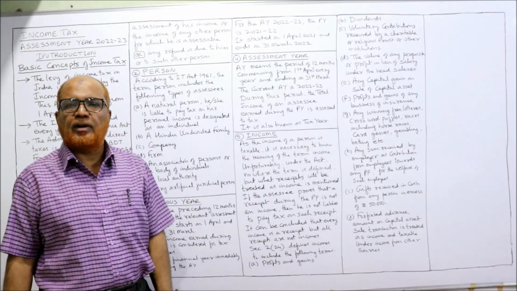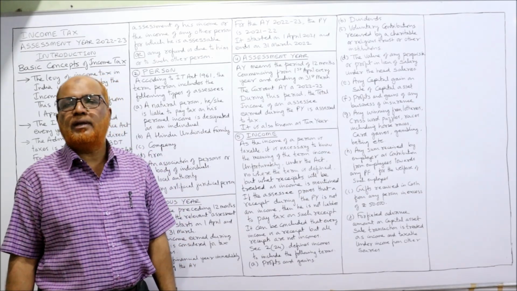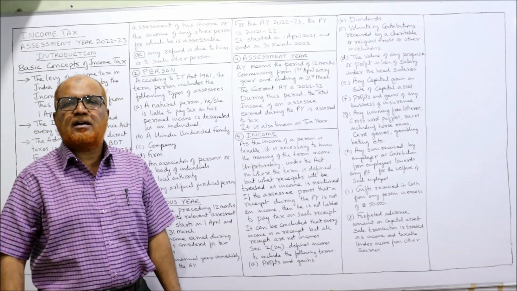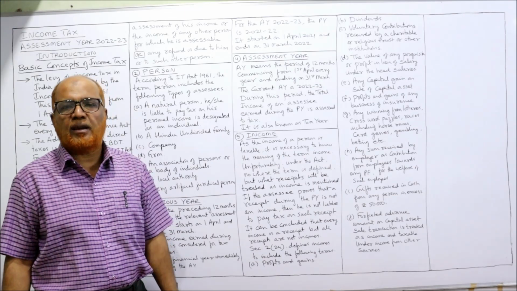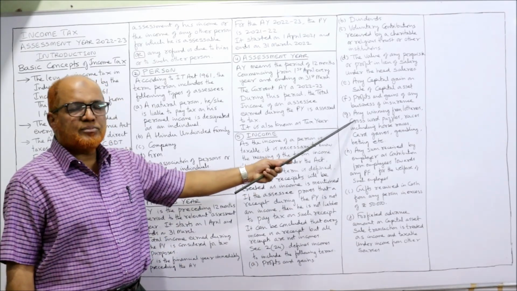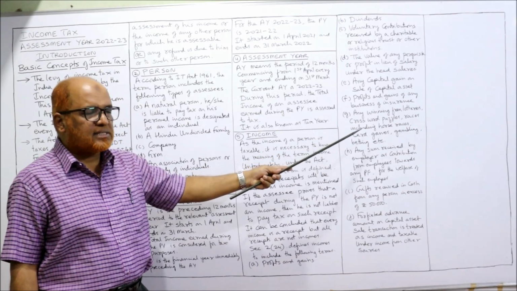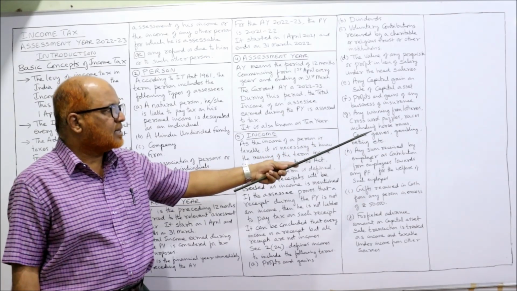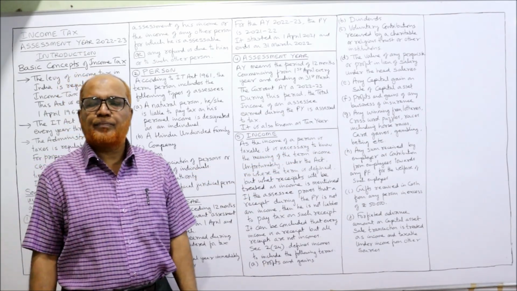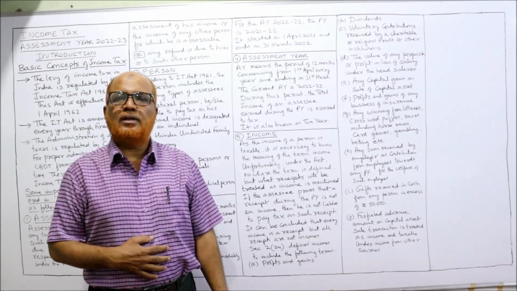Any winning from lotteries, these are called casual incomes. Unexpected incomes, non-recurring incomes. Casual incomes are winnings from lottery, crossword puzzles, races, card games, gambling, betting, etc. These are examples of casual income.